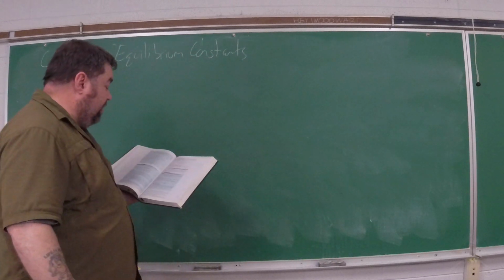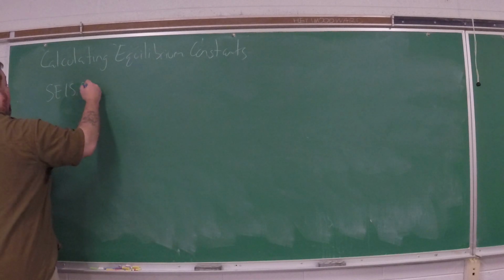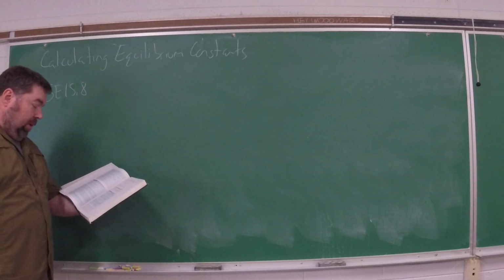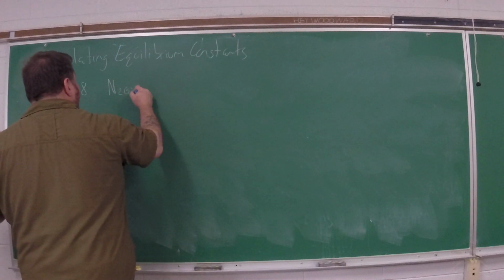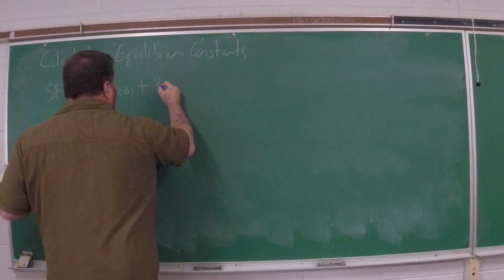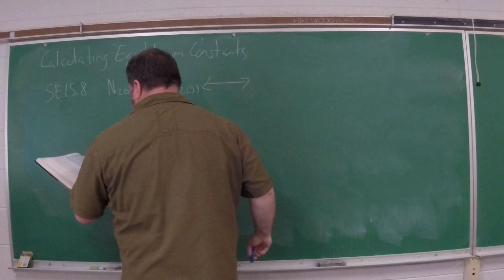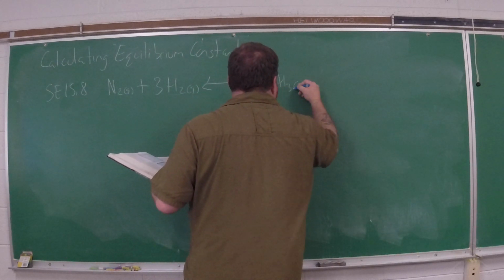We'll take a look at the easy version first, where you just plug the values in. Let's take a look at sample exercise 15.8 on page 625. So I'm going to write out the equation first. We're going to have N2 gas plus 3H2 gas going reversibly to 2 NH3 gas.